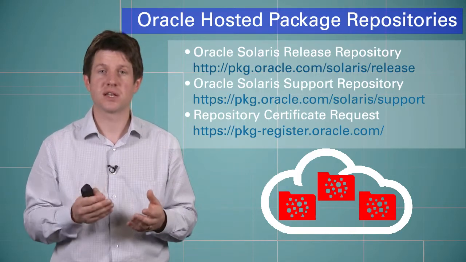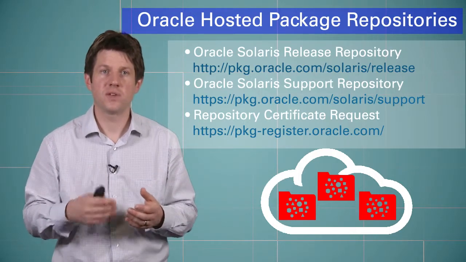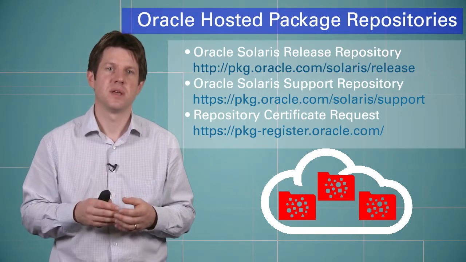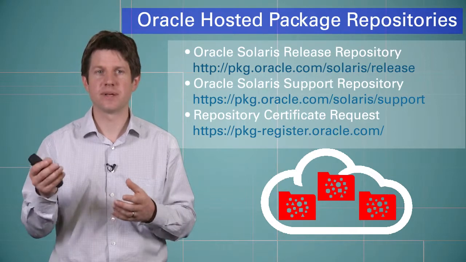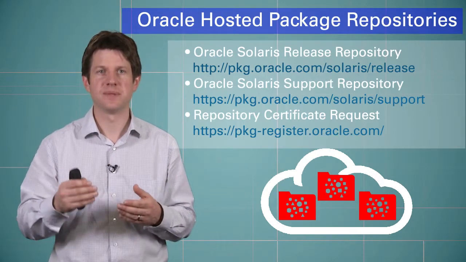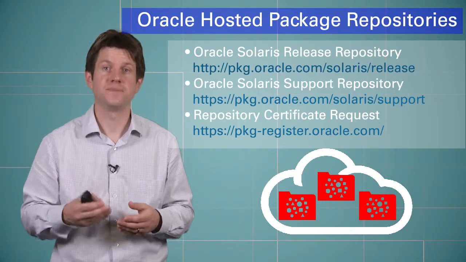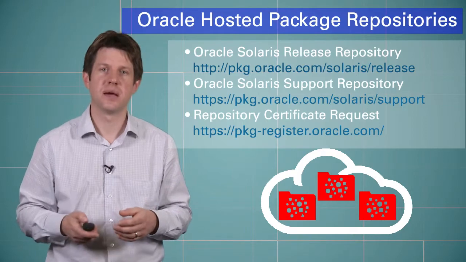And for supported customers, those who have an Oracle Premier Support contract, we also make a support repository available where we actually publish our updates. That's called the support repository. And to access that, you actually need an entitlement. So you go onto a website and generate a key and certificate based on your Oracle sign-on. You'll download that, you'll associate it to your clients, and you'll be able to install from there.